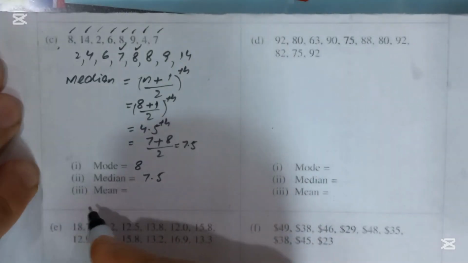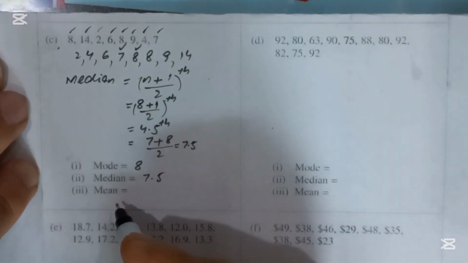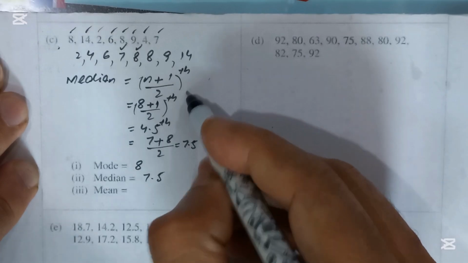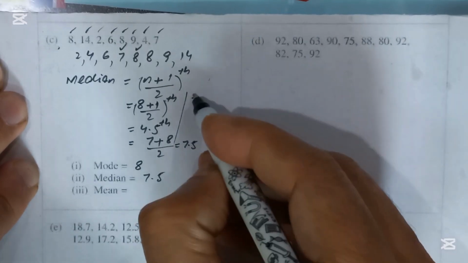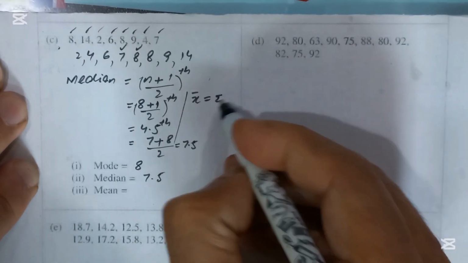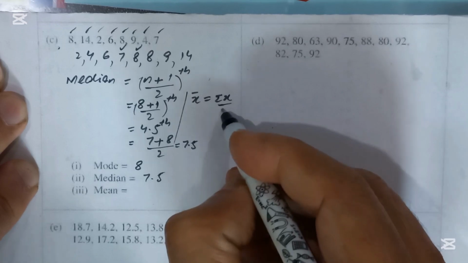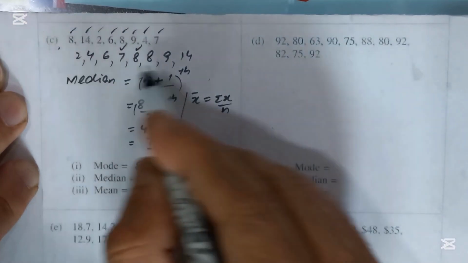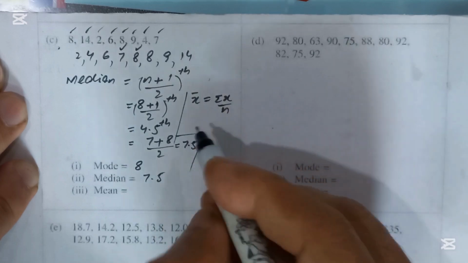Okay, now finally the mean. For raw data, the method is x bar equals summation x over n. So this is the method for finding the mean of raw data.